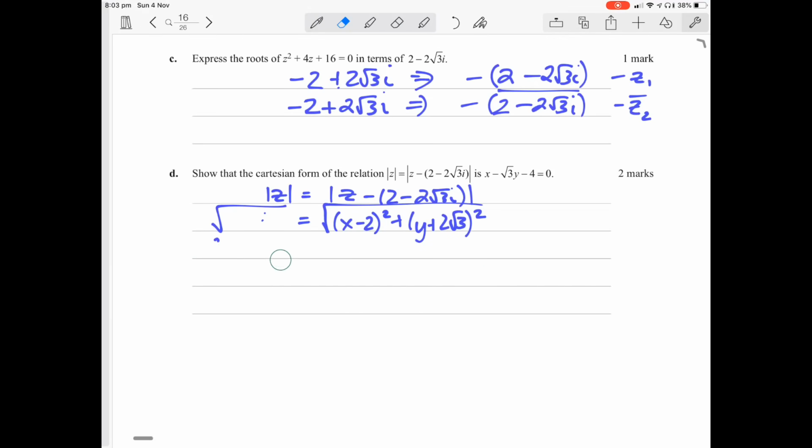What am I doing? This is supposed to be just components, x squared plus y squared. X squared plus y squared is equal to x squared minus 4x plus 4 plus y squared plus 4 root 3 y, and then plus 4 times 3 is 12.